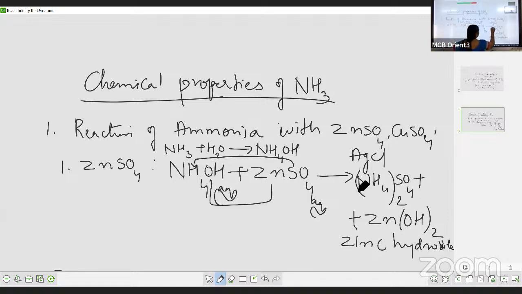So you'll get ammonium sulfate plus zinc hydroxide. This is the first reaction.